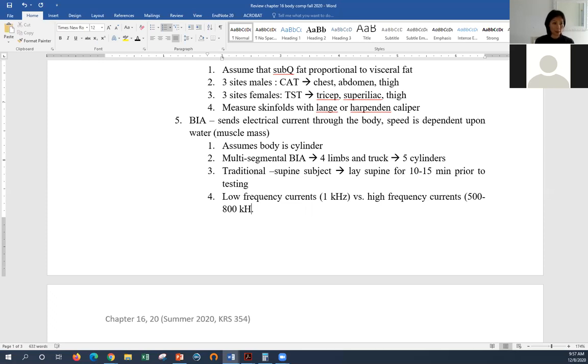And the difference between these is that the low frequency currents only move through extracellular water, meaning the water outside the cells, versus the high frequency currents, which move through extracellular and intracellular water.